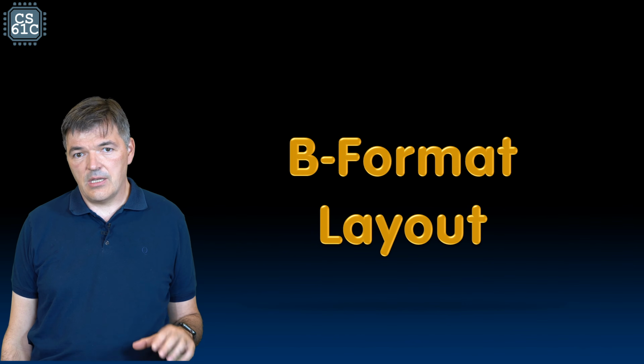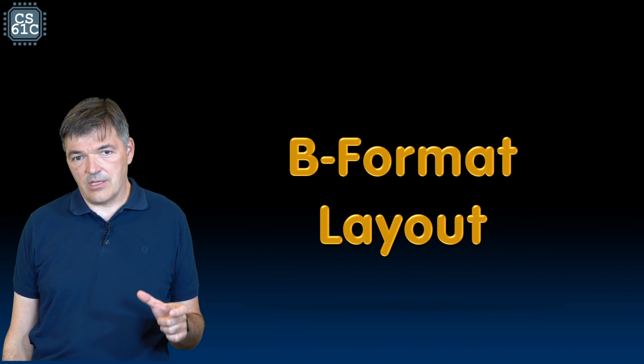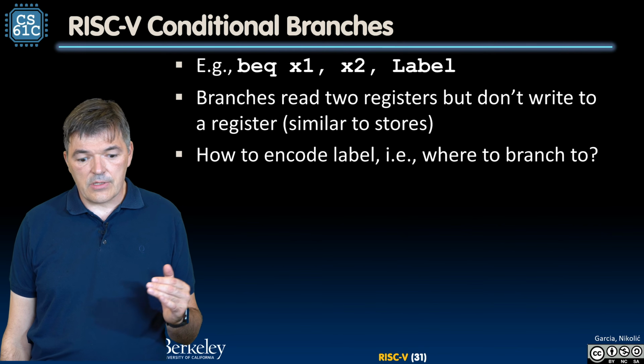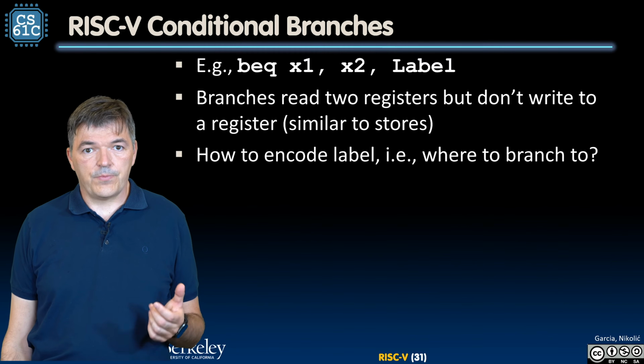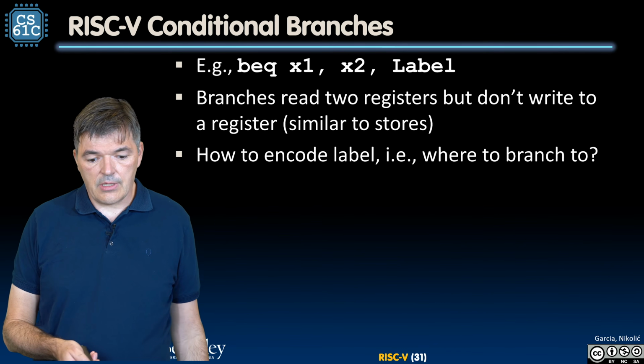And let's see what is a subtle detail, why we needed yet another instruction format for branches. First, let's recall what the branches do. Conditional branches evaluate a condition between the registers.